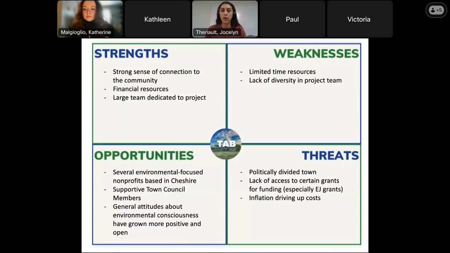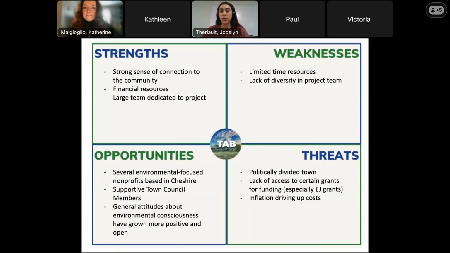All right, so one by one, I'm just going to walk through each of the 4 squares, starting in the same order that I walked through the steps before. I do want to point out, as I mentioned earlier when I was talking about the difference between strengths and weaknesses in terms of what your lens is: for my strengths and weaknesses, my area of focus is really going to be on this nonprofit that is leading this project team for this redevelopment purpose.